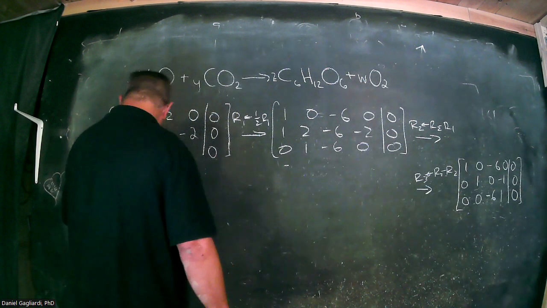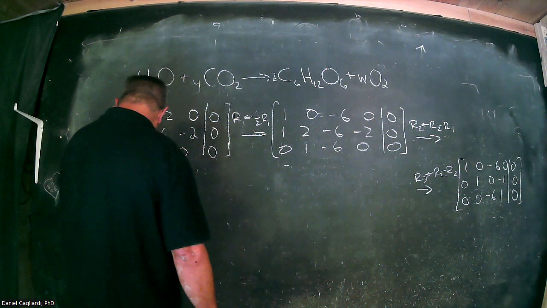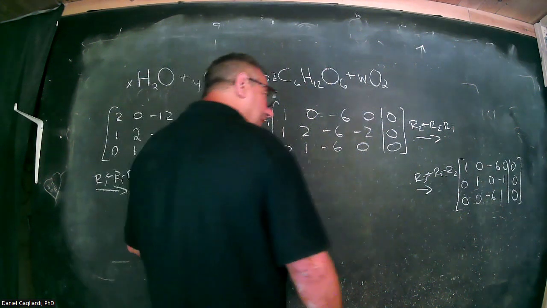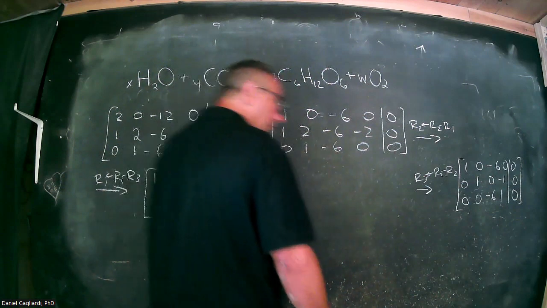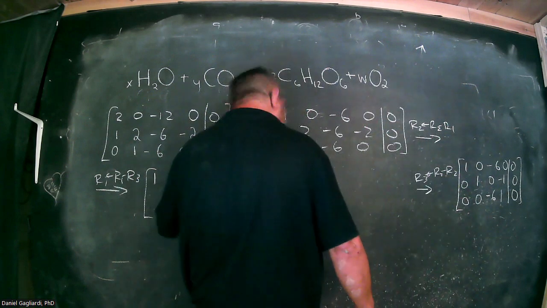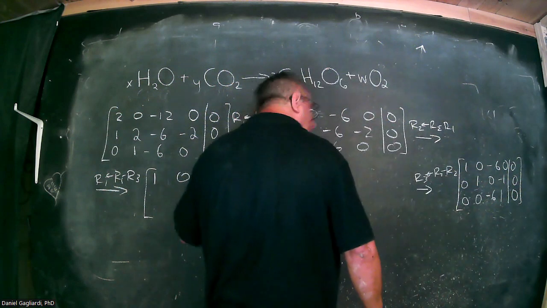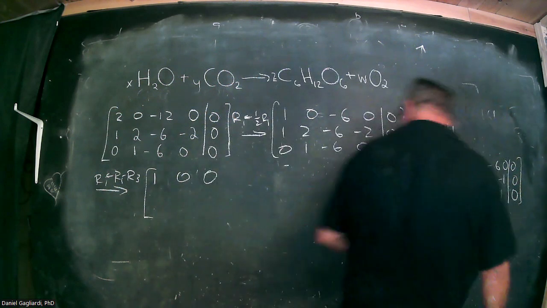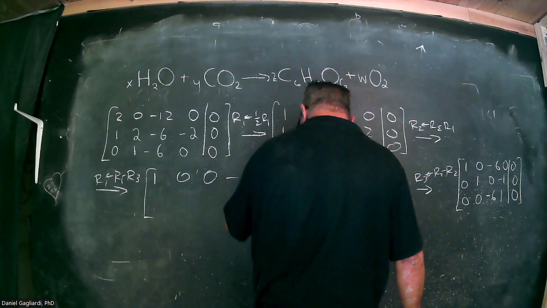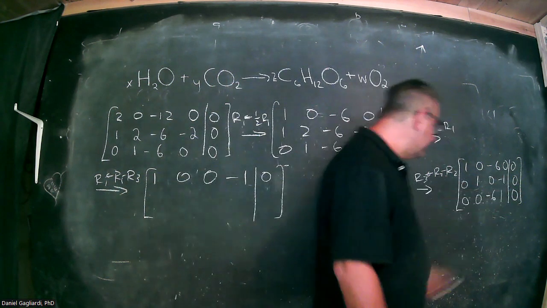So row 1 is going to be replaced with row 1 minus row 3. Okay, and that's going to give us 1, because 1 minus 0 is 1. 0 minus 0 is 0. -6 minus a negative 6 is 0. And 0 minus 1 is -1. Okay, so you see we deal with row 1 without having to introduce the fractions.